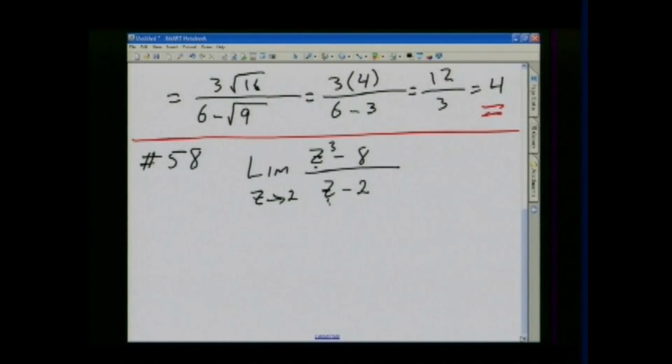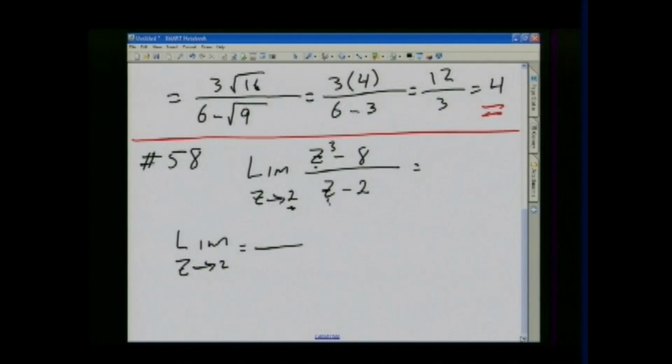So one of the things you would notice is that the numerator you can factor. Anytime you have a quotient in particular, this will come into play. Every time you have a quotient, you can simplify. You have to simplify it before you substitute the value that you have, in this case 2. So let's see what happened. This would therefore be equal to finding the limit as z approaches 2.